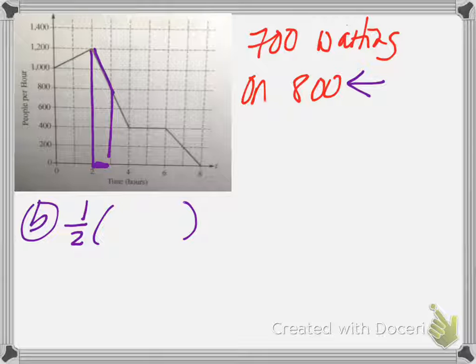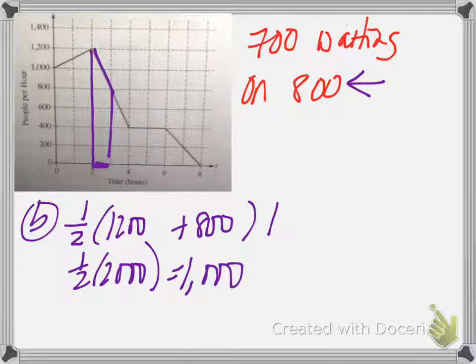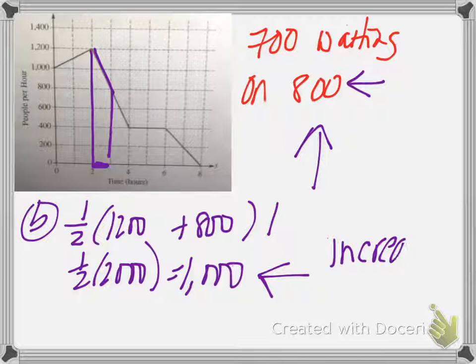The length was 1, base 1 was 1,200, and the other base was 800. So we have 1/2 of 2,000, which gives us 1,000. So 800 people can get on the ride, but 1,000 people are arriving. Therefore, the number of people waiting in line is increasing. If you had gotten an answer less than 800, then the people in line would be decreasing, because they're getting on the ride faster than they're arriving. Okay, so that's B.